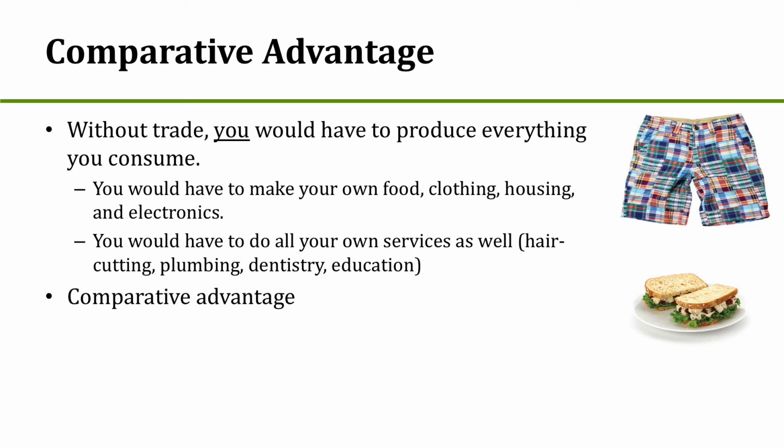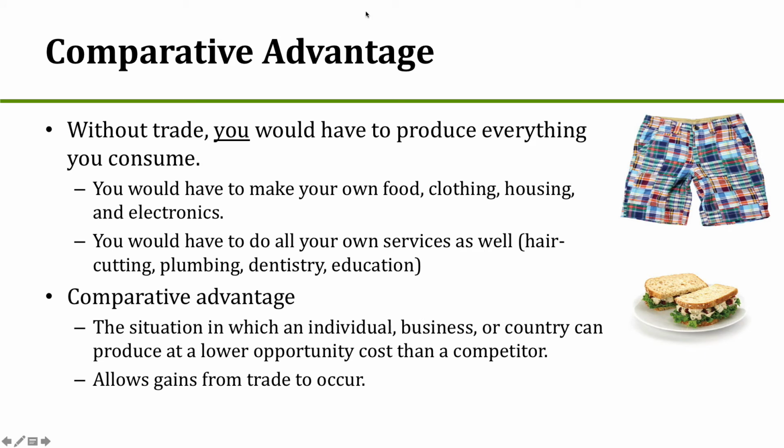But with trade, you can just specialize in the production of something, then you can trade. But of course, which good do you need to specialize in? To decide, first of all, you have to use comparative advantage. You have to calculate the opportunity cost of producing each good, and you need to have the lowest opportunity cost in producing that good.